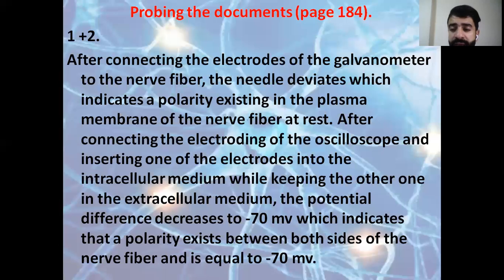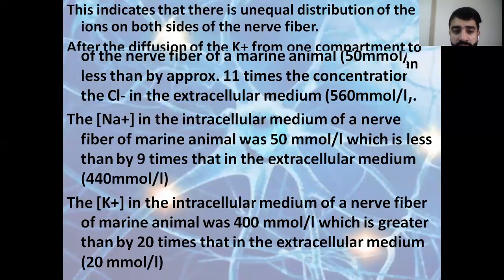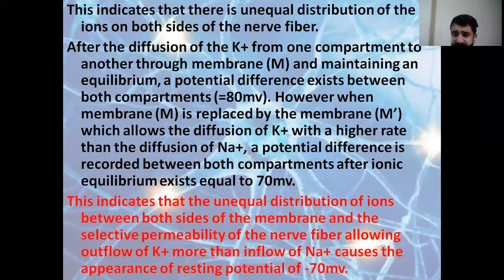This means that we have polarity, negativity equal to minus 70 millivolt. The concentration of the ions in the intracellular and the extracellular differ, and this is the origin of the resting potential. So we have an unequal distribution of the ions on both sides of the membrane, the internal and the external side.